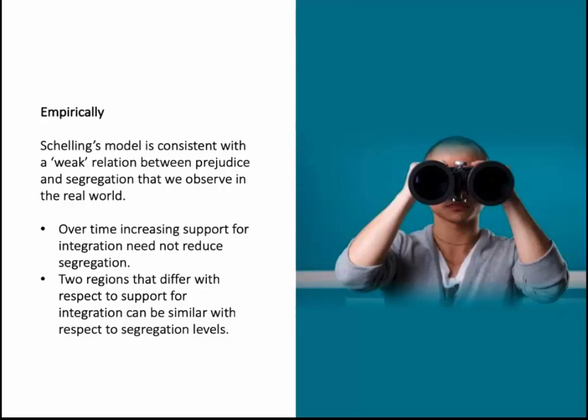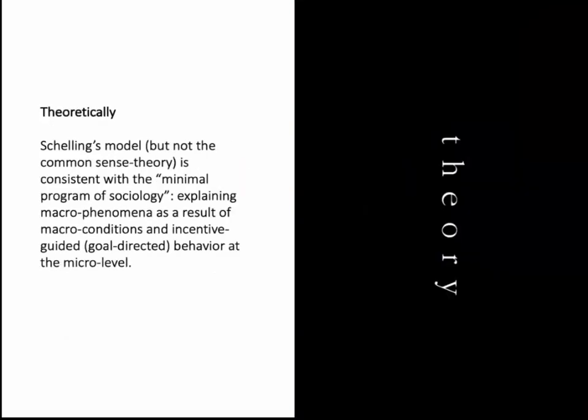You can change the tolerance level from 60 to 50 and nothing really big would happen, because the whole magic happens somewhere else, at this tipping point, where the dynamics kick off and suddenly you have the chain reactions, or you don't.